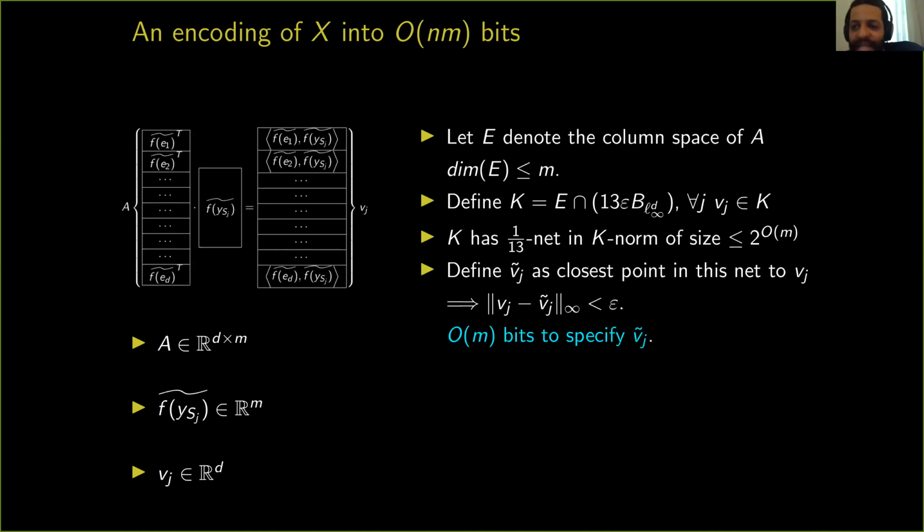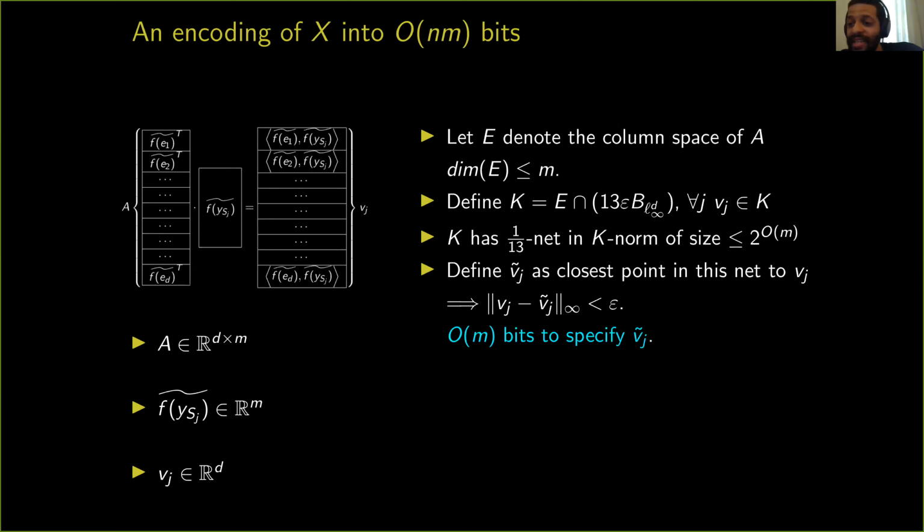The reason I'm not quite done is that if you look at this from the decoder's perspective, what does the decoder get? The decoder gets basically the names of a bunch of net points in this convex body K in its own norm. The problem, though, is that the decoder doesn't know what K is, because K depends on A, right?